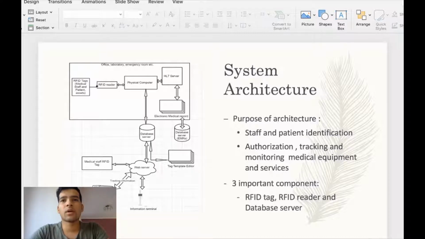The web server allows database queries that help to track patient and staff location, files, and medical equipment, etc. The information terminal allows patients to access their own medical information by scanning the valid wrist RFID tag.